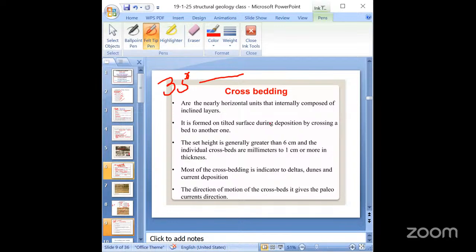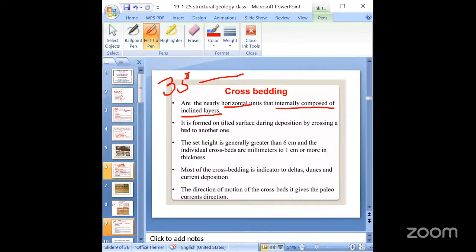So it is formed due to change in the velocity or direction of flow of streams, right? So you see, these are nearly horizontal units that are internally composed of inclined layers.